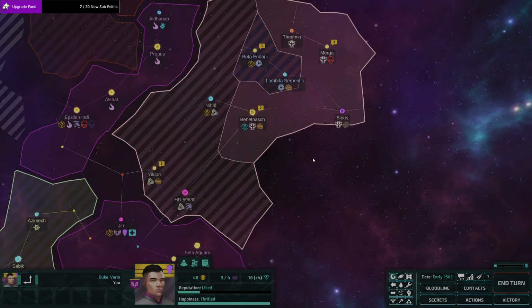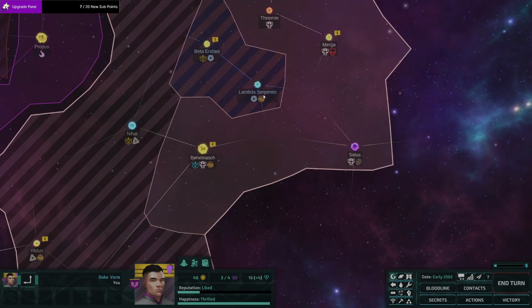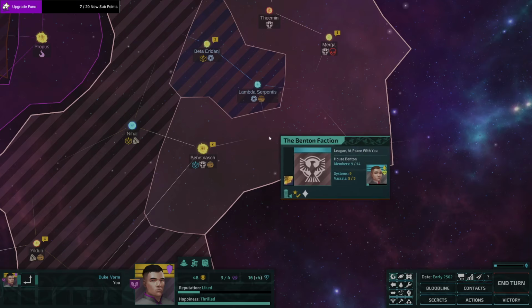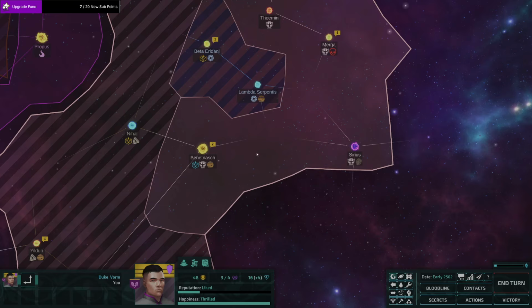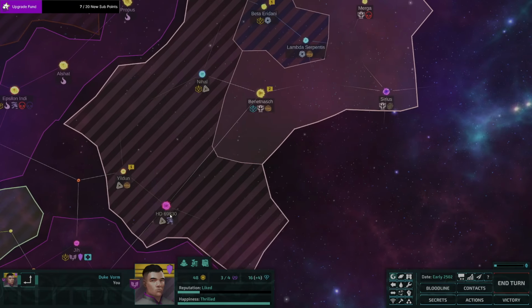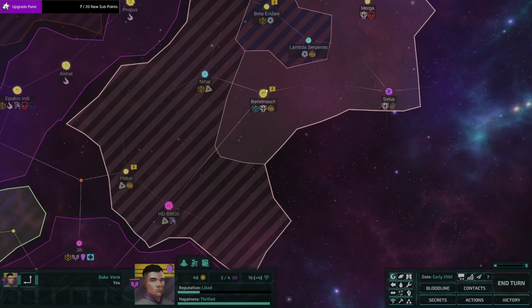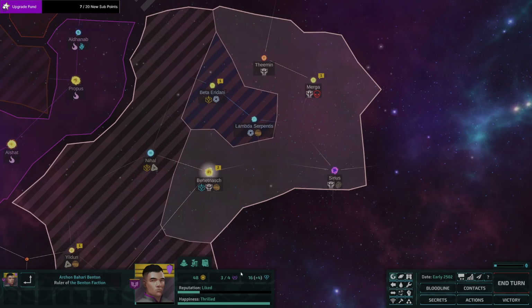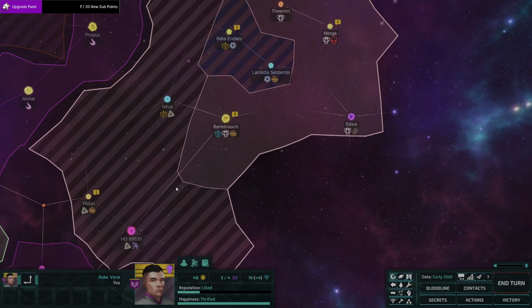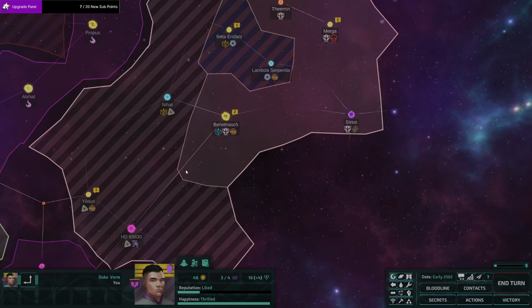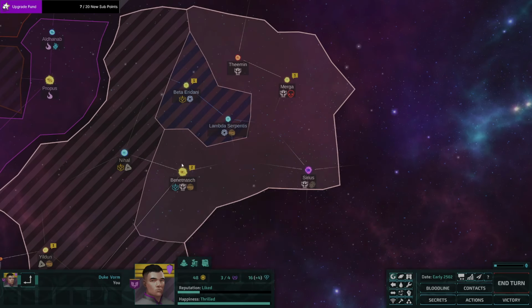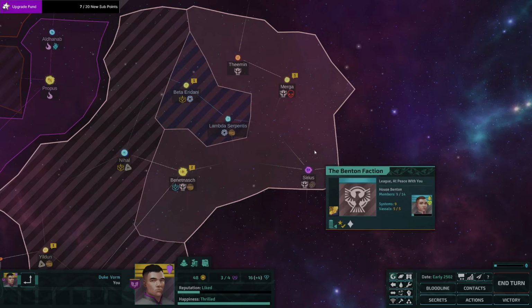What are the ranges like? I'm just looking at distances. So they can bring just about everything to bear. That line is too long. I wish there was another colony in here. Because that means 1 to there, 2, 3, 4.